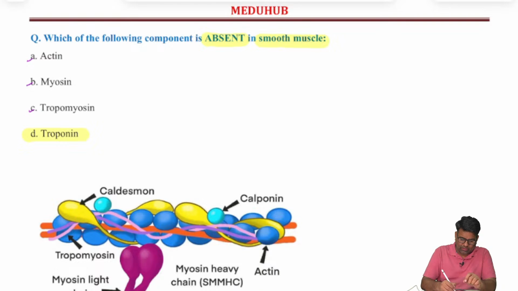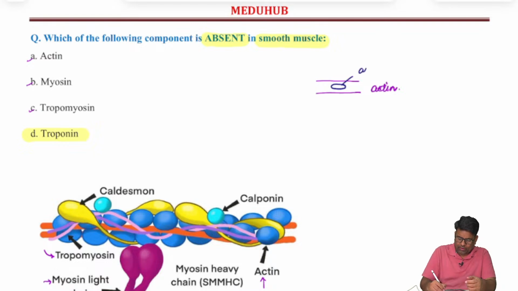If we look at the diagram, we can see the actin, the myosin, and the tropomyosin as well. Now just a few words about tropomyosin, in relation to the skeletal muscle. Suppose this is the thin filament, that is actin, and on actin there are active sites, right?